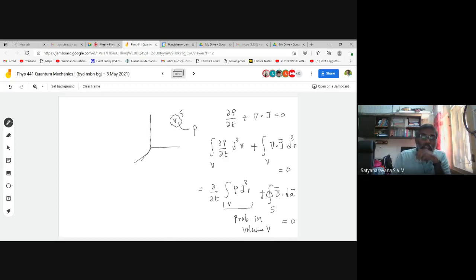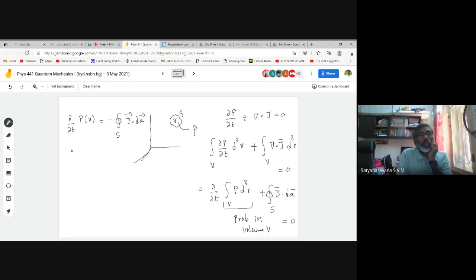So what this conservation tells you is that I can now write this as ∂/∂t of the probability of this volume V is equal to minus integral over the surface S of j dot dA.